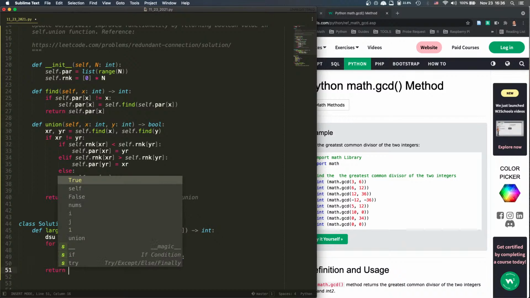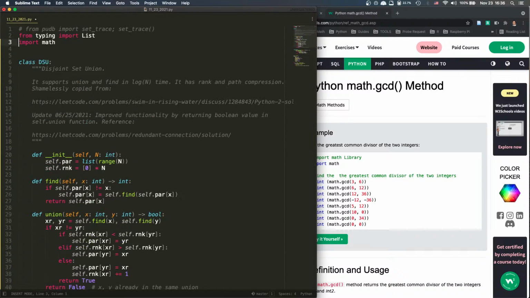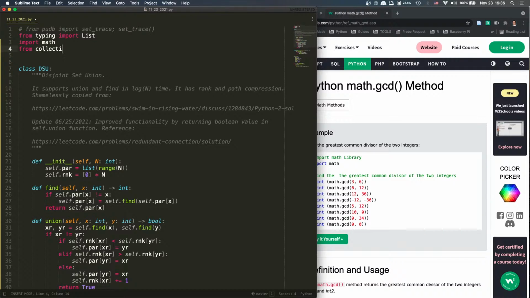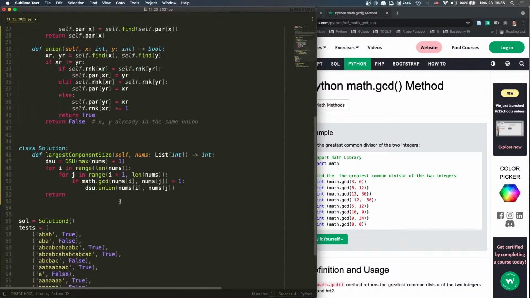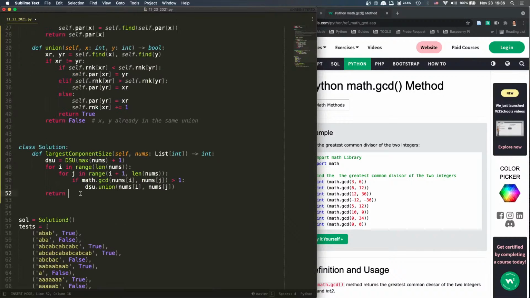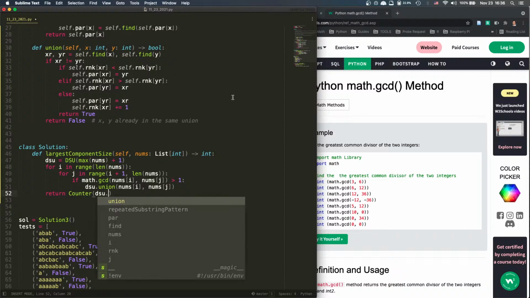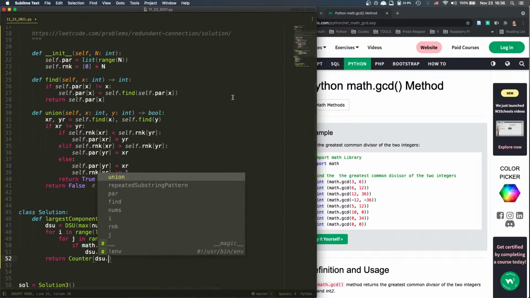Then we're gonna return... what? So we need a counter. So from collections, I'm gonna import Counter. So we're gonna count DSU dot parent, right?